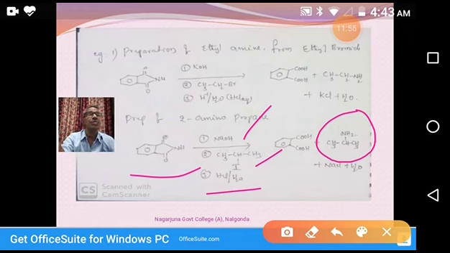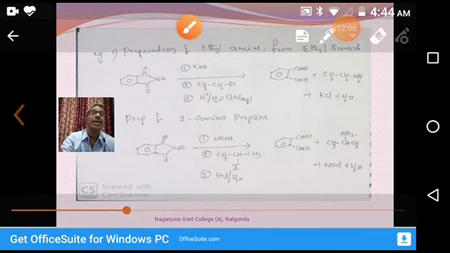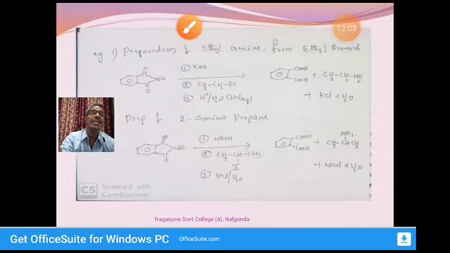So in this way, by changing the alkyl group, we get the required amine. This is the Gabriel phthalimide synthesis.